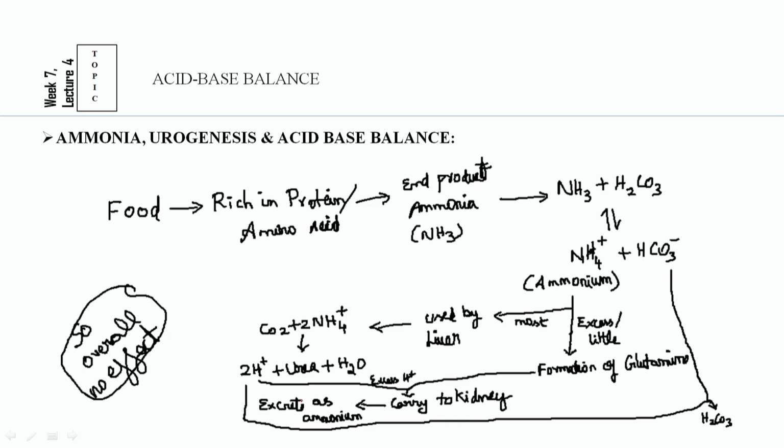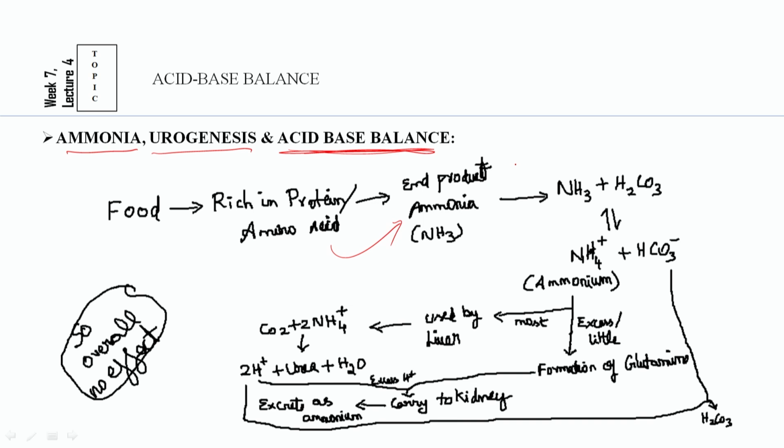Next, we'll see about ammonia and ureogenesis, how urea is produced, and how the acid-base balance is achieved with this mechanism. Whenever an animal takes a protein-rich or amino acid-rich diet, the end product will be production of ammonia. Ammonia, again I am telling you, is highly toxic, right?